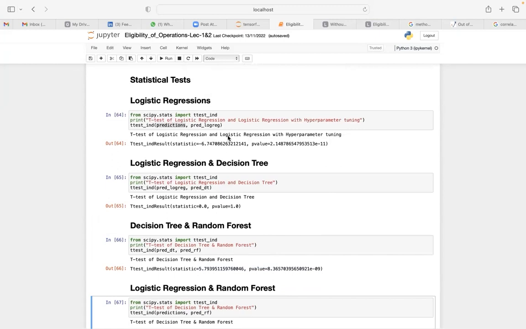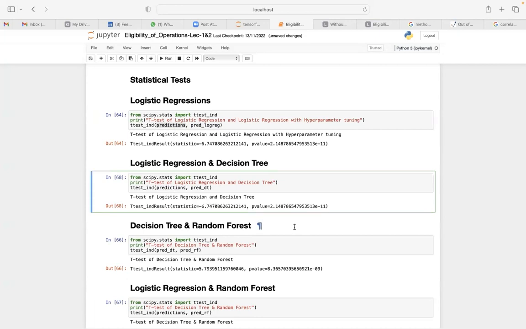But since these two methods, and especially the hyperparameter-tuned method, are compared with the decision tree. So when I'm now comparing logistic regression with tuned hyperparameter results against the decision tree, and now if I change it to normal logistic regression without hyperparameter tuning and run it, you can see that it has changed.